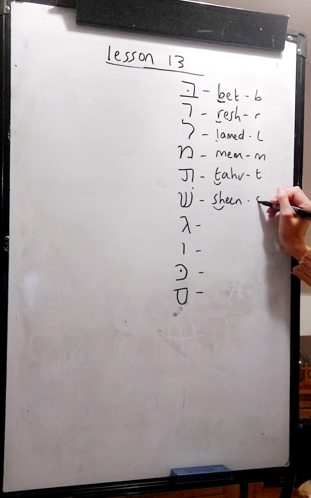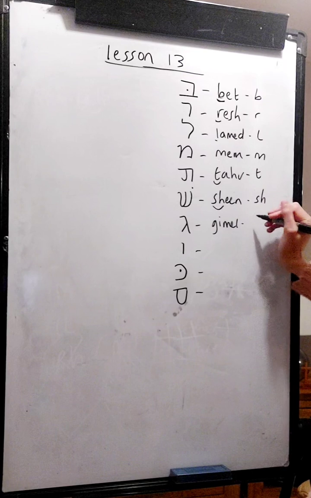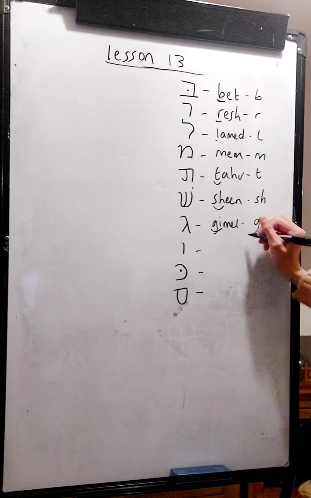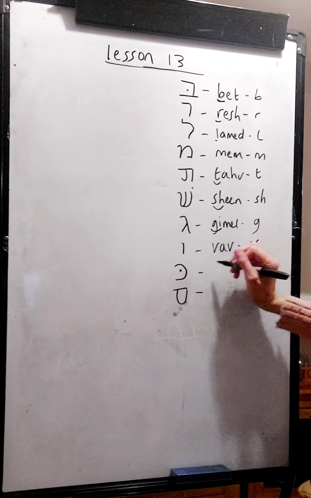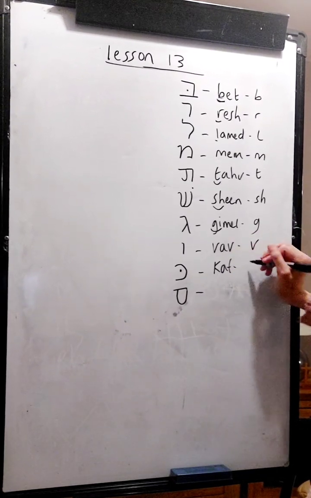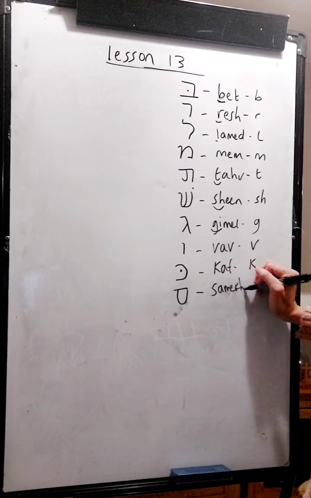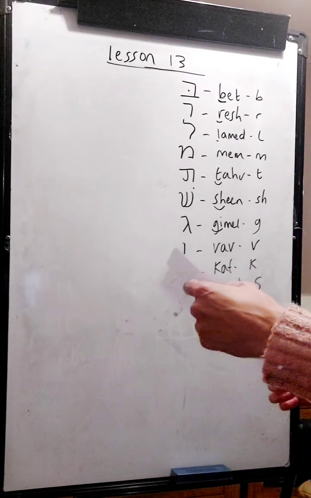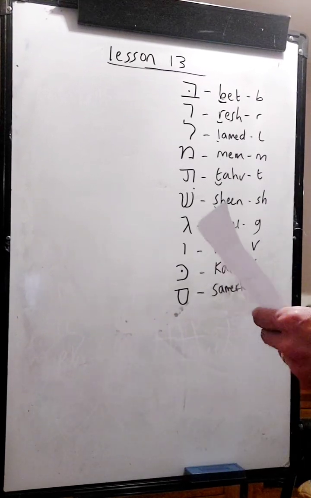Sounds as sh. Gimel. Sounds as ga. Vav. V. Kaf. Ka. And samech. Okay, so they're all the letters we've learned so far from all our lessons.